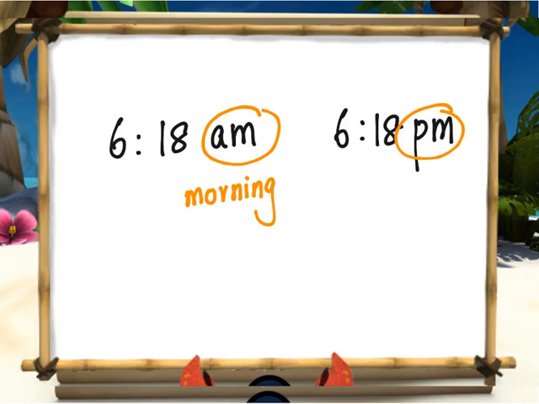So 6:18 p.m. is evening time. Remember, a.m. comes in the morning, and p.m. is evening time. 6:18 a.m. is in the early morning, and then 6:18 p.m. is in the evening.